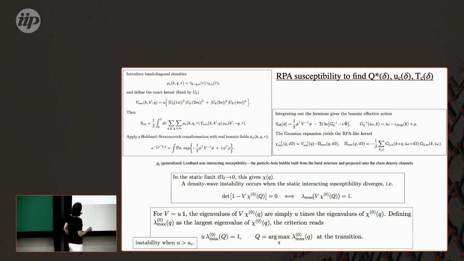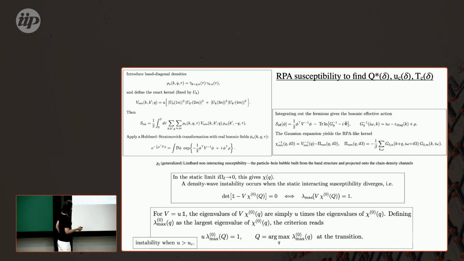And the typical thing that one does is essentially find the maximum eigenvalue of this matrix and identify the Q for which that eigenvalue is equal to 1, and that Q will give us the critical wave vector of this charge density wave when such interactions are present in the system.